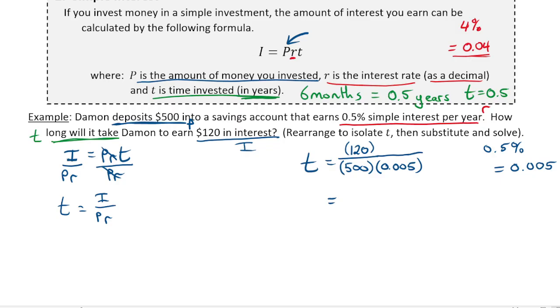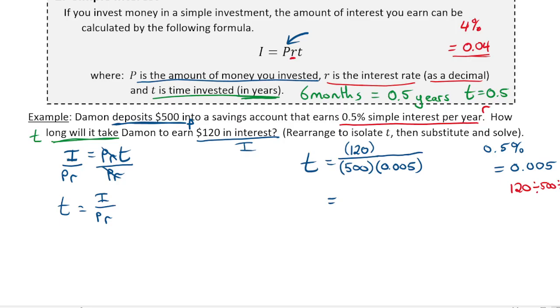I'll do it on 120 divided by 500, and then, oh yeah, how do we type this into our calculator? That's always a good one for when we have multiplication in the denominator. I would type it into your calculator as 120 divided by 500, because it's in the denominator, divided by 0.005. And that's the easiest way for me. Everything on the bottom, you divide by.